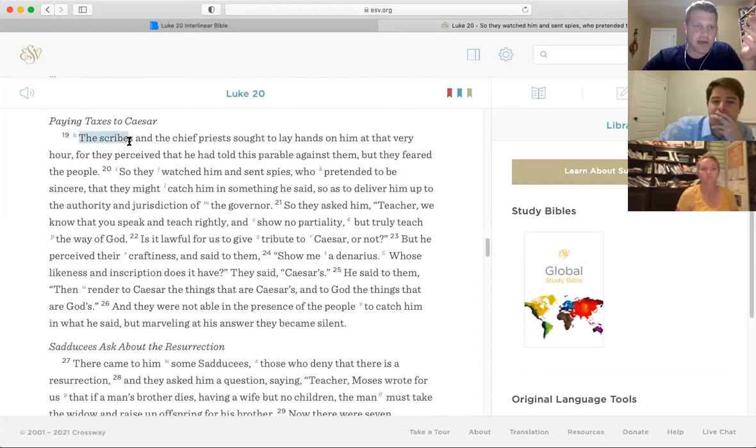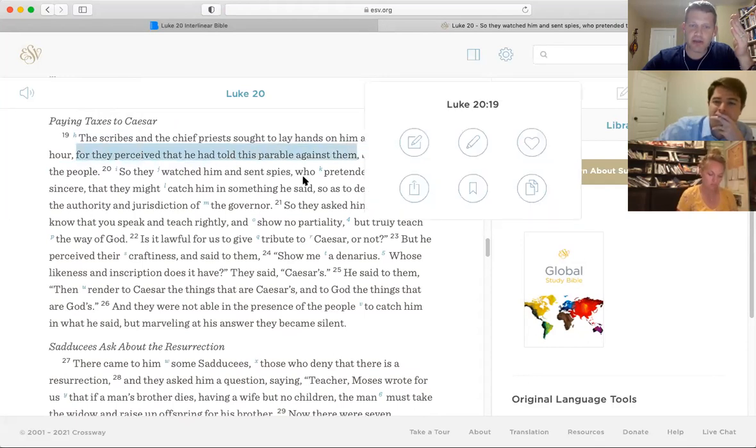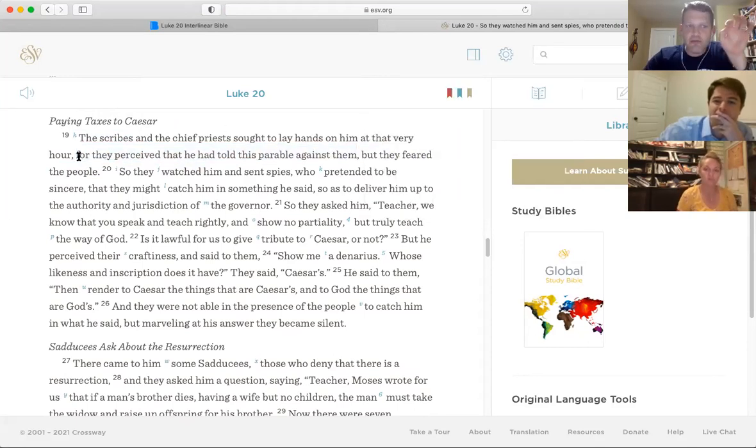So look, the scribes and the chief priests sought to lay hands on him at that very hour. Okay? Now look, for they perceived that they had told this parable against him. Do you see now, if we move this for up, what did we just link it to? What did we just put it as a grounds to? For the laying on of hands.